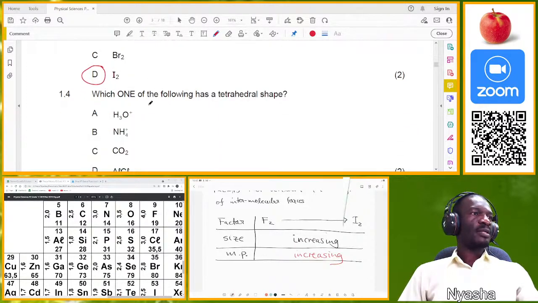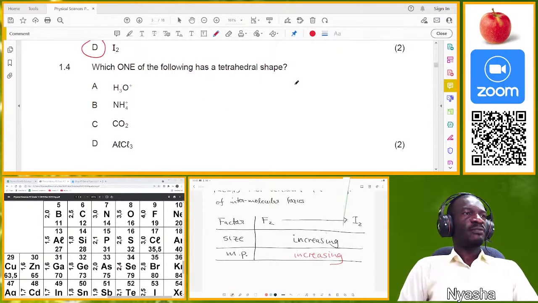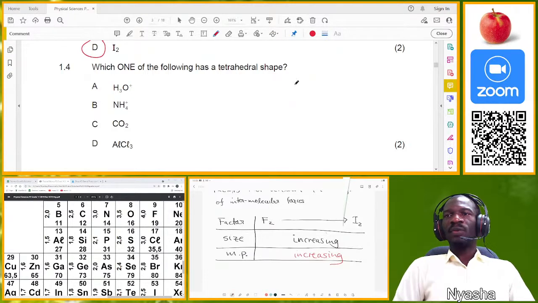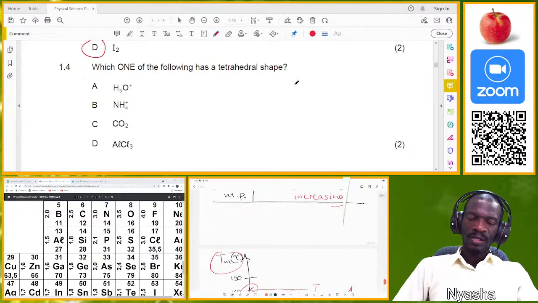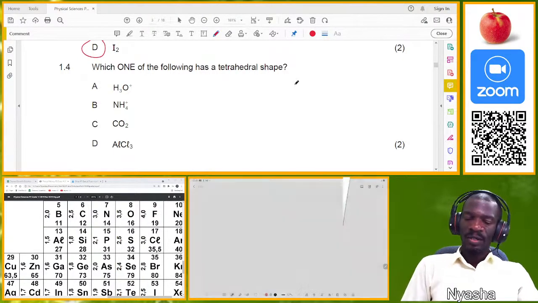The next one has to do with which one of the following has a tetrahedral shape. So how do we determine the shape of a molecule or a compound?